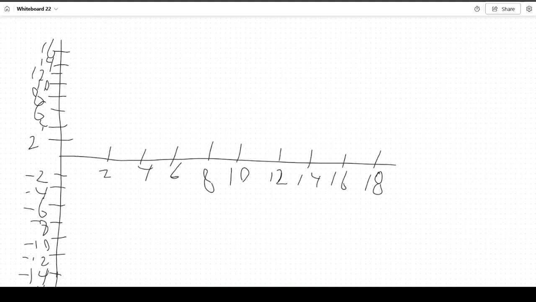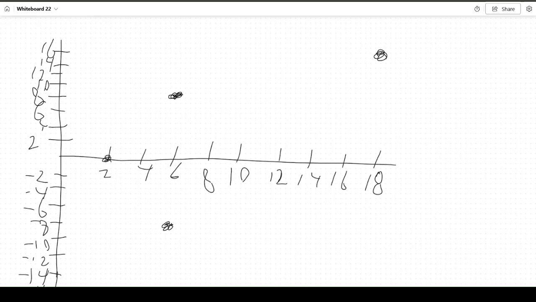We just use the values from the chart and plot them.